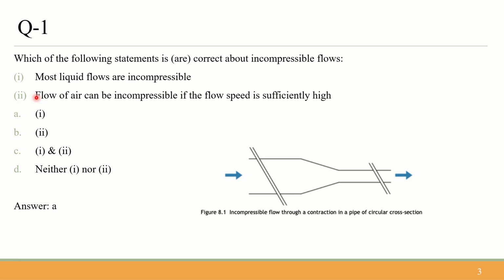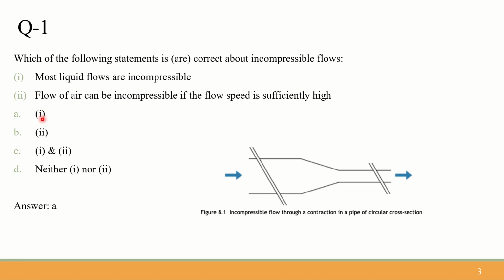The liquid flow speed is not comparable with the gas speed, because the Mach number is the ratio of the fluid flow speed to the speed of sound in that particular medium. That would be, in most cases, less than 0.3 for liquid flows. Therefore, we can say that most liquid flows are incompressible.